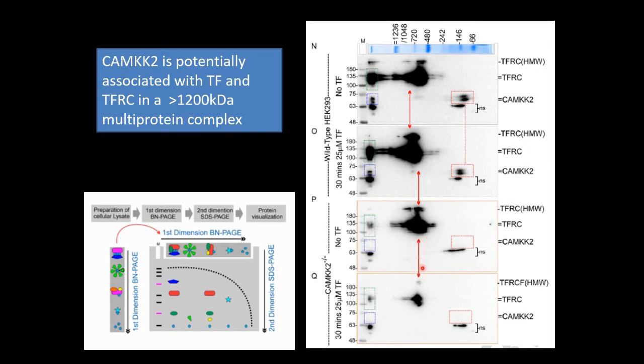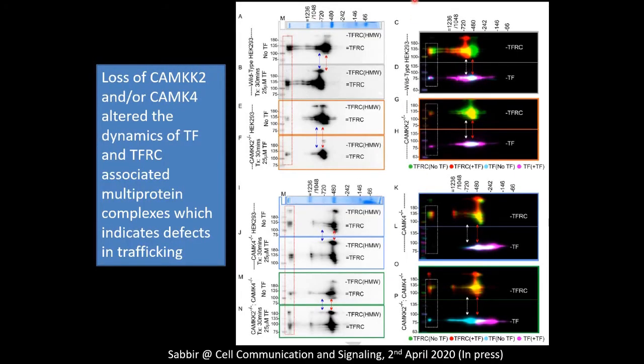This indicated that CAMKK2 loss may have affected recruitment of interacting proteins to the transferrin receptor associated complex during the trafficking process. This is a very complex slide, so I'll spend a considerable amount of time explaining the figures.